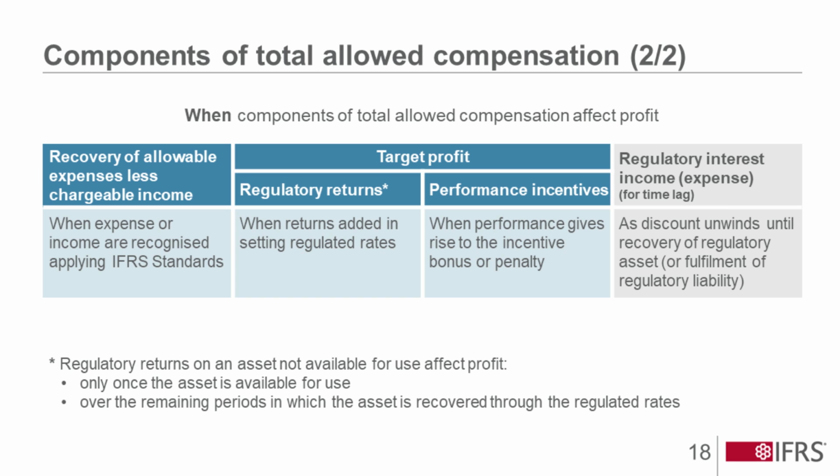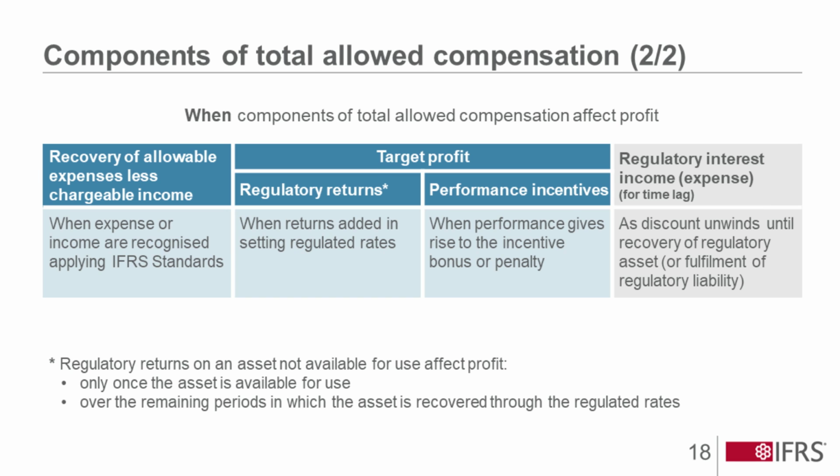Let us first start with amounts to recover allowable expenses less chargeable income. An entity would reflect compensation for allowable expenses less chargeable income in financial performance in the same period in which the entity reports the expense or income by applying IFRS standards. In our earlier example, the input costs were an expense that the entity could recover in full through the rates.